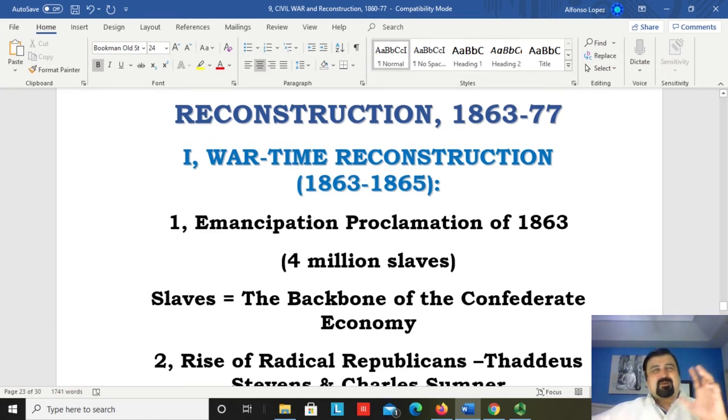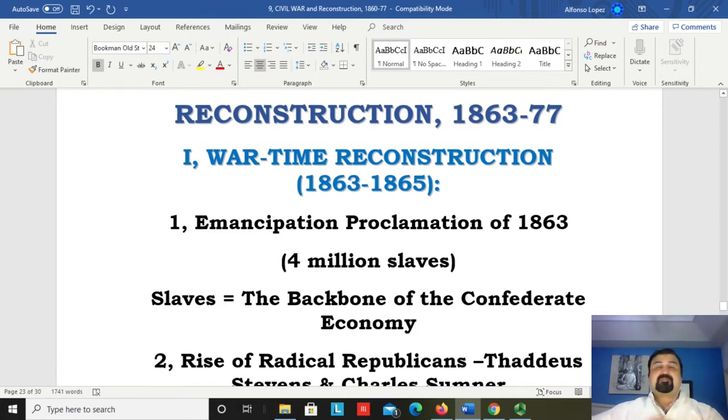So it was just a matter of time before the Confederacy was going to surrender. So as soon as 1863, in this latter stage of the Civil War, from 1863 to 65, the process of Reconstruction begins, even though the war has not yet come to an end.